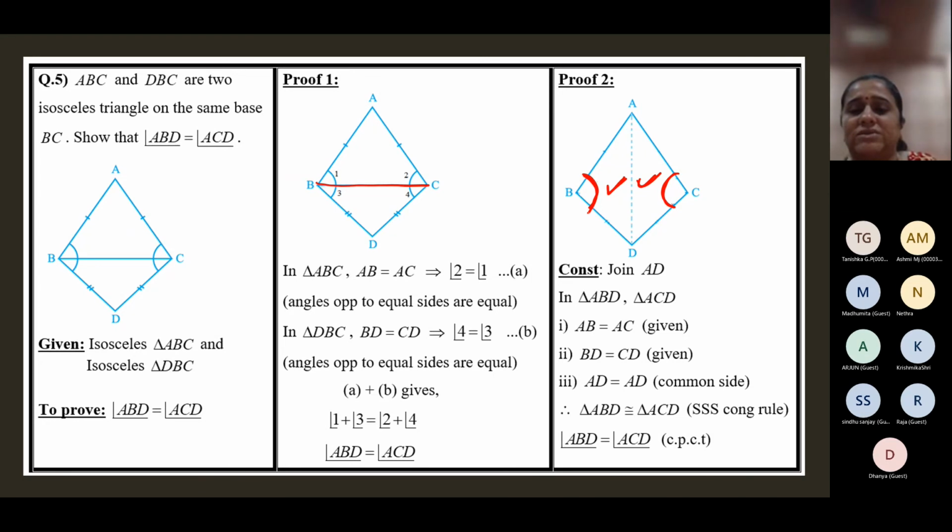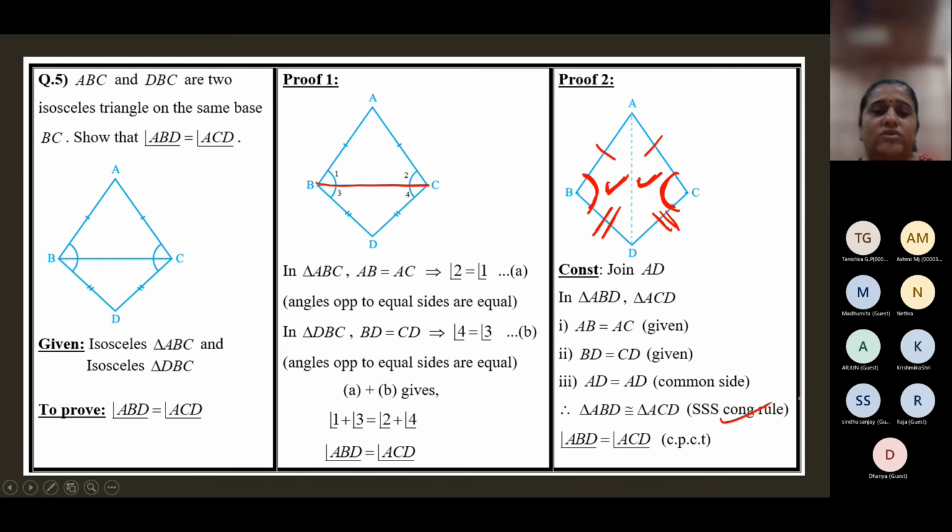Once they're congruent, by CPCT, this angle is equal to this angle. When two triangles are congruent, their corresponding angles are equal. So in these two triangles, AB is equal to AC. It's given. BD is equal to CD, again because both are isosceles triangles. And AD is the common side.